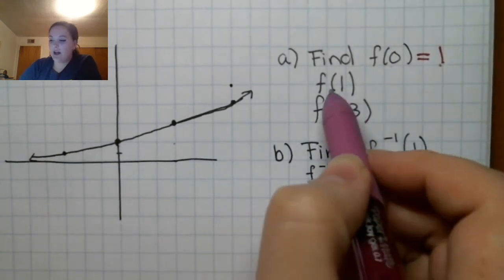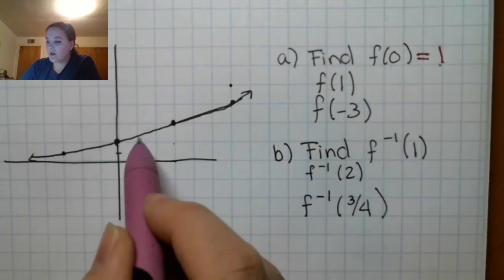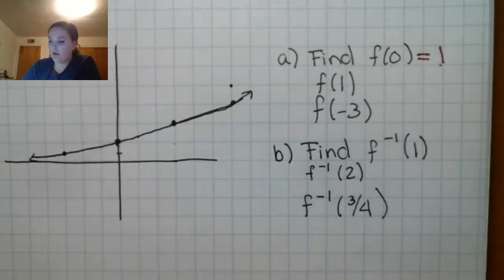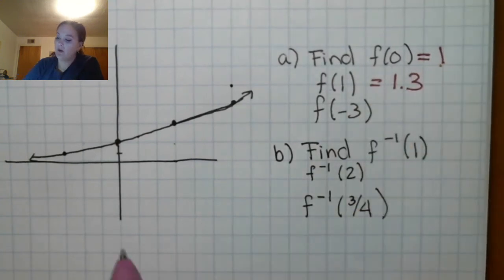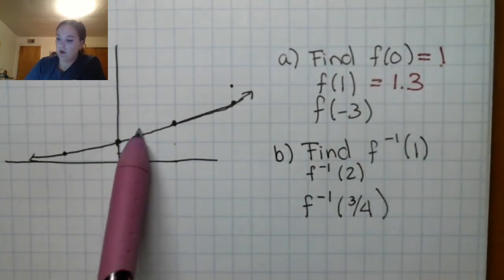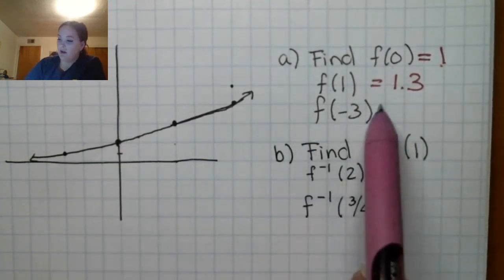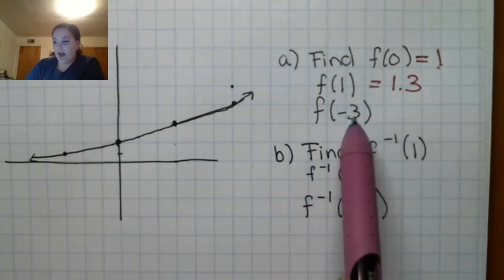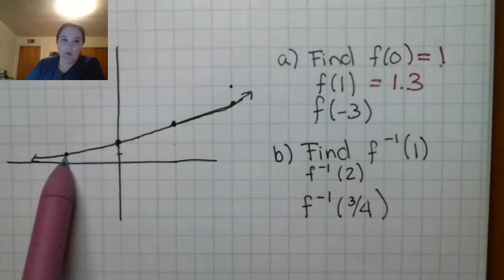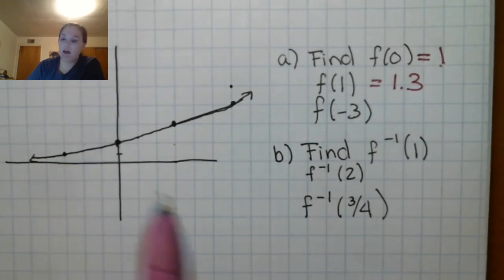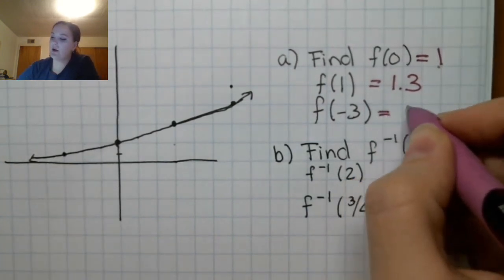Now we're looking at an x value of 1, so that's this point here, and the corresponding y value is like 1.3, right here, between 1 and 2. Now we're looking at the x value of -3, 1, 2, 3, so that's this point here, and that looks like 1/2 as the corresponding y value.